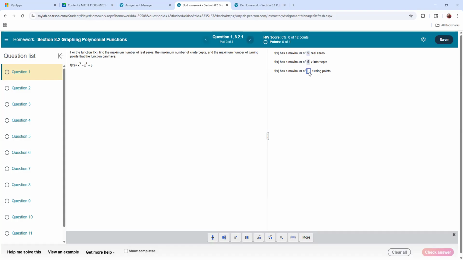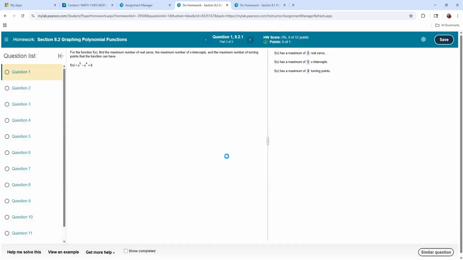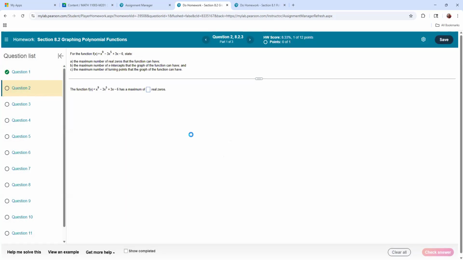And then there you go. 5 minus 1 gave me 4 turning points. So that graph goes up, turns, comes down, turns, up and turns, comes down and turns, and then heads up towards infinity. All right, so good job on that one. So let's see what y'all do on the next one.